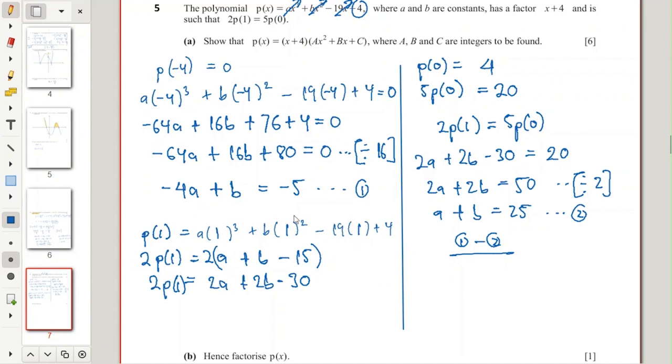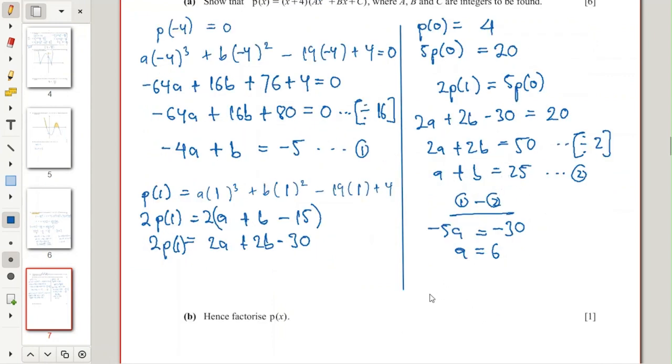So negative 4a minus a, that would be negative 5a. B minus b, 0. Negative 5 minus 25, so that's negative 30. So a is equal to 6.